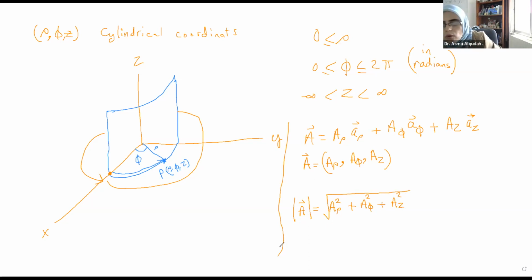We are using the same rule as in the Cartesian space for evaluating the magnitude of any vector because the cylindrical system is an orthogonal system. So the same Pythagoras rule applies here in the cylindrical space.